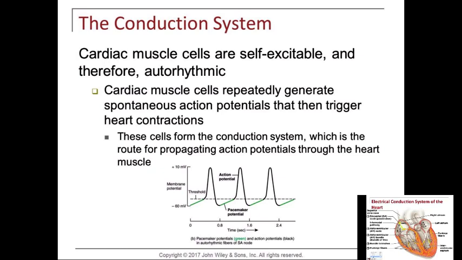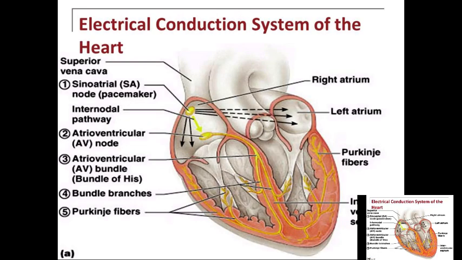So I kind of started drawing this out before, where I showed you the SA node right here, and you could see the arrows going into the right atrium and left atrium. So all of the cardiomyocytes are going to get the impulse, and then it's relayed to number 2, the AV node, the atrioventricular node. Now here's the trick.